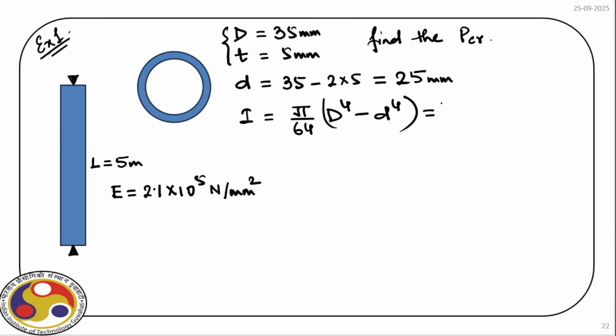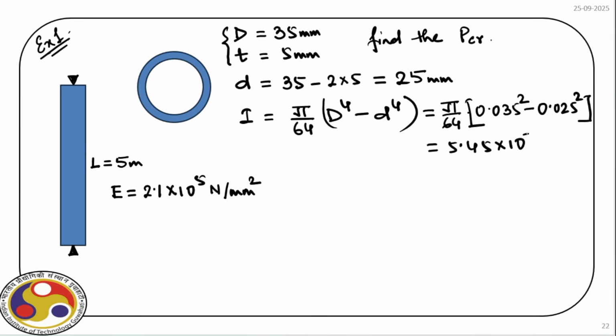So what we have is pi by 64 into 0.035 to the power 4 minus 0.025 to the power 4. So if we evaluate, we get 5.45 into 10 to the power minus 8 meter to the power 4.